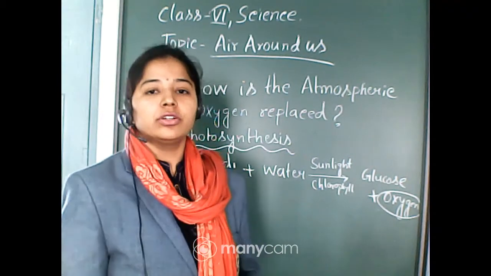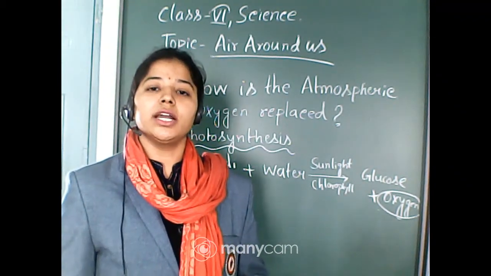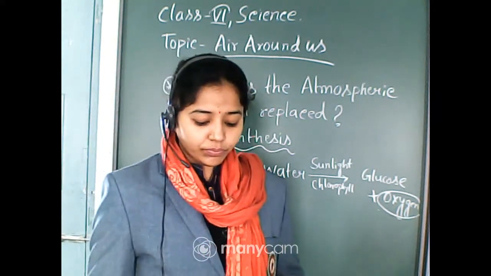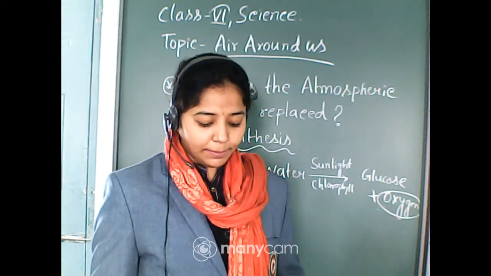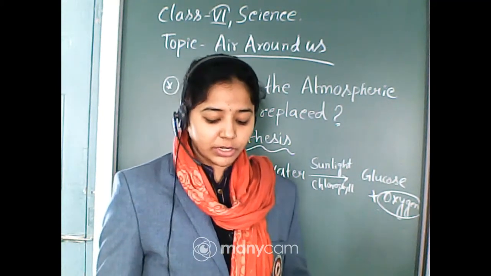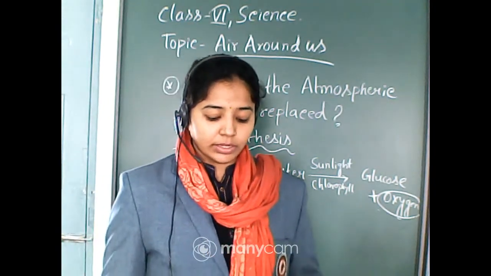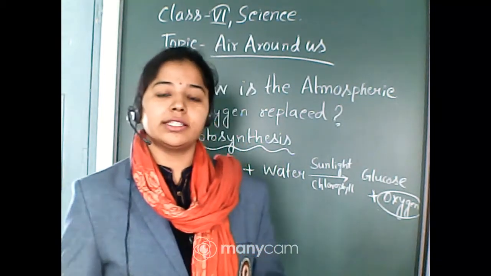Plants also utilize oxygen during their respiration. That is why we can say that plants also consume oxygen for respiration, but they produce more of it than they consume. That is why we say plants produce oxygen.